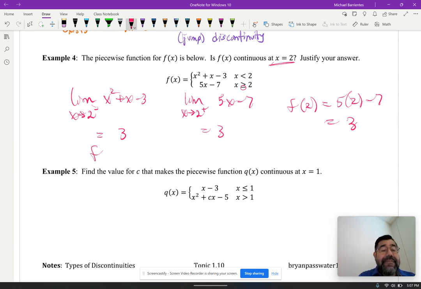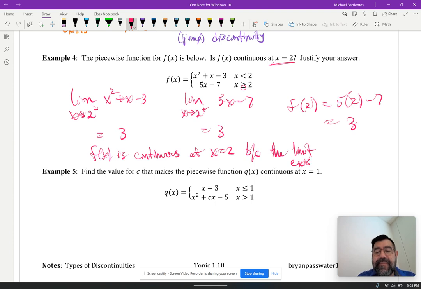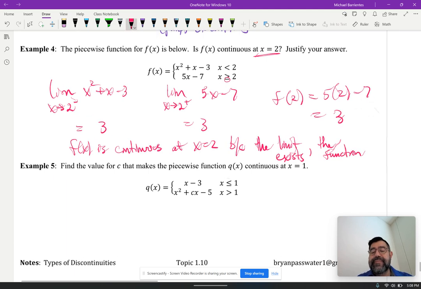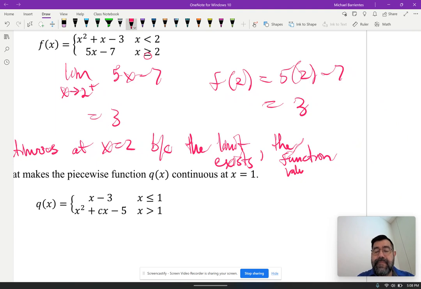So we're going to say f of x is continuous at x equals 2 because the limit exists, the function value exists, and they are equal. They're the same.